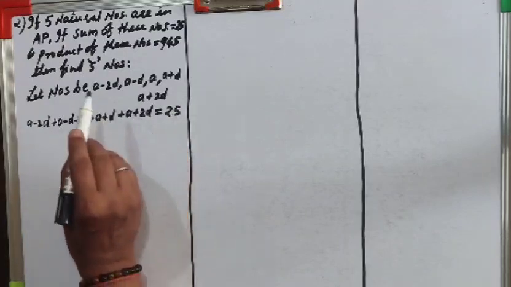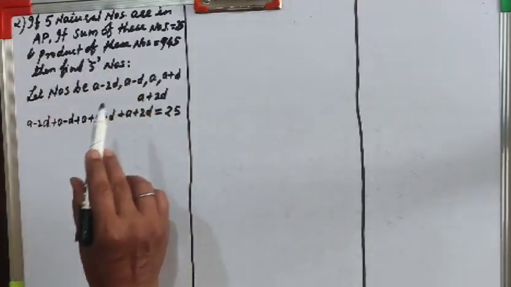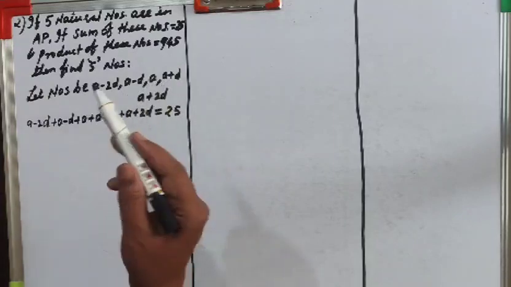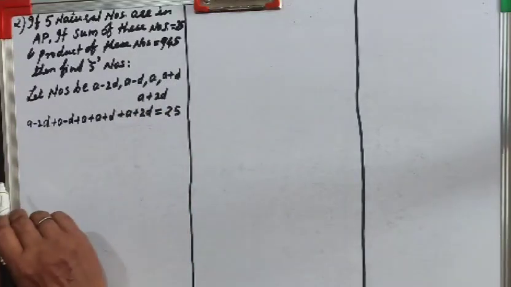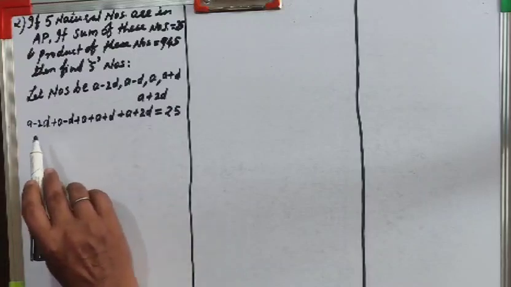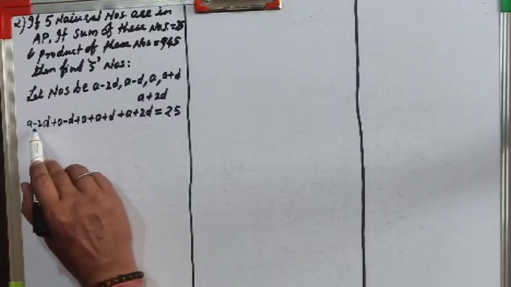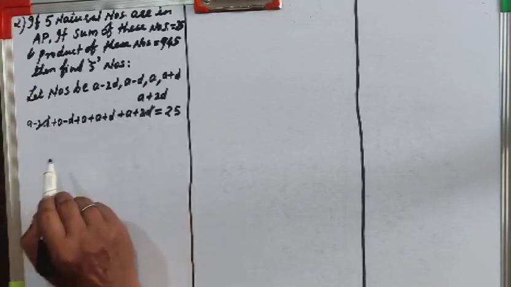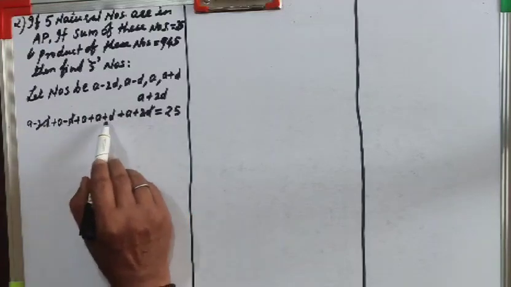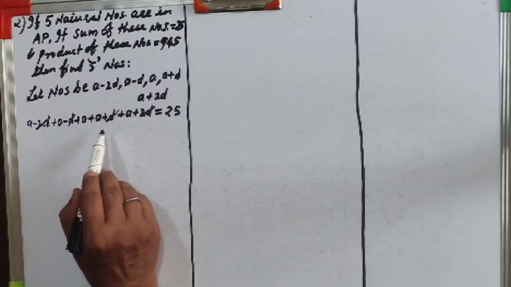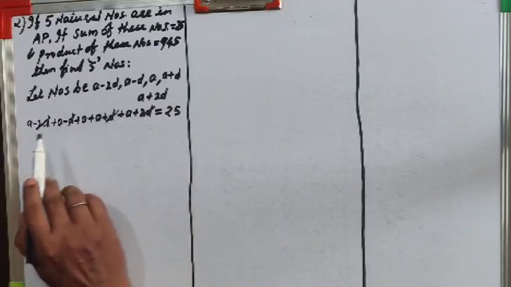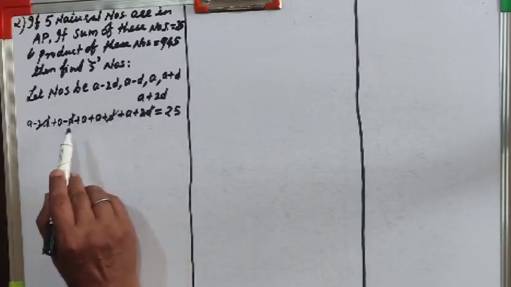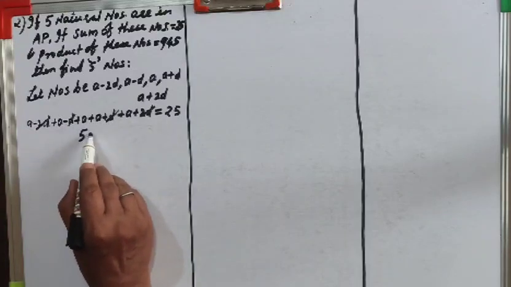Why 25? Because in the question it is given that the sum of five natural numbers which are in AP is equal to 25. Now if you carefully observe this, you will notice that minus 2D can be cancelled with plus 2D, then minus D is cancelled with plus D. So finally what is left is 1A, 2A, 3A, 4A, 5A. So I can write 5A.